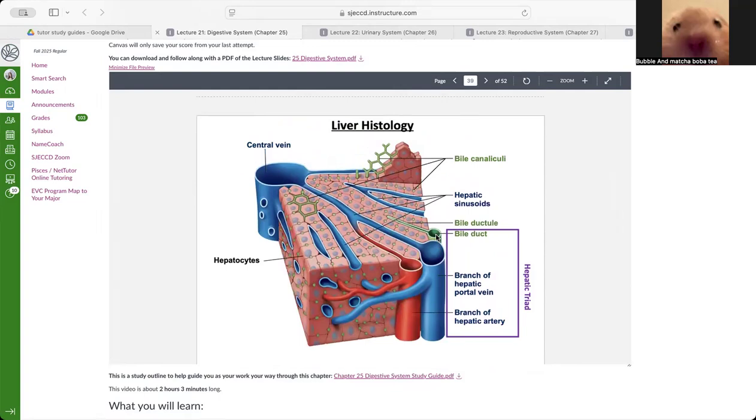So let's talk about the ability to make bile. Bile canaliculi take bile from hepatocytes. Hepatocytes are these little cells in between. They merge to make bile ductules and empty bile into the bile duct, merging into larger and larger ducts called the common bile duct.